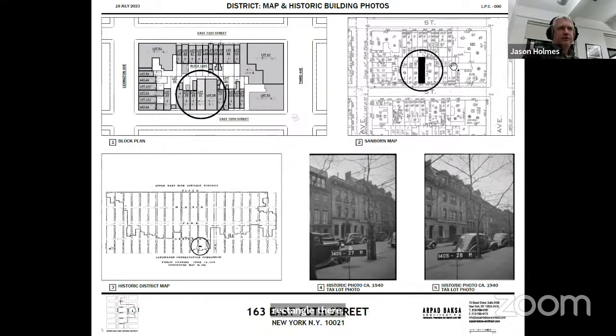On the top left of the slide, you have the Sanborn map. And on the bottom right, you have two views from the 1940s tax lot photos. Basically the building looks like this today. It's pretty well preserved. And I'll go to the next slide.